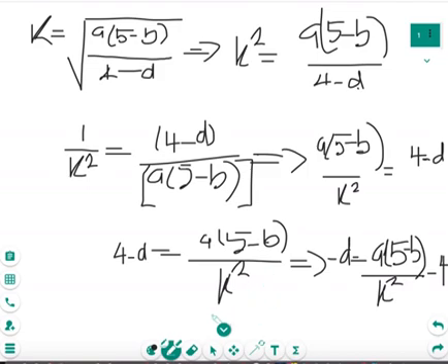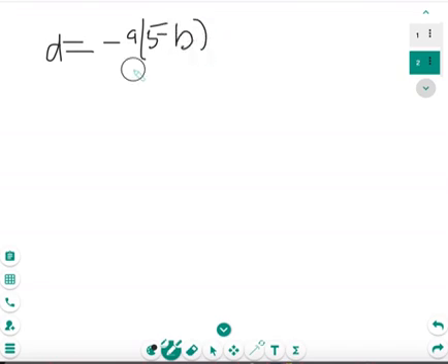Now if you multiply through by minus 1, you get d is equal to minus a into bracket 5 minus b bracket closes over k squared plus 4.